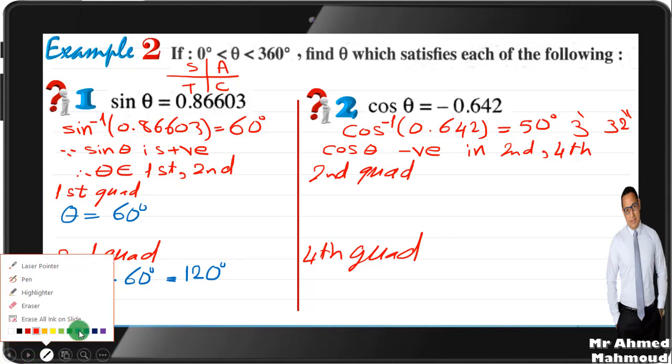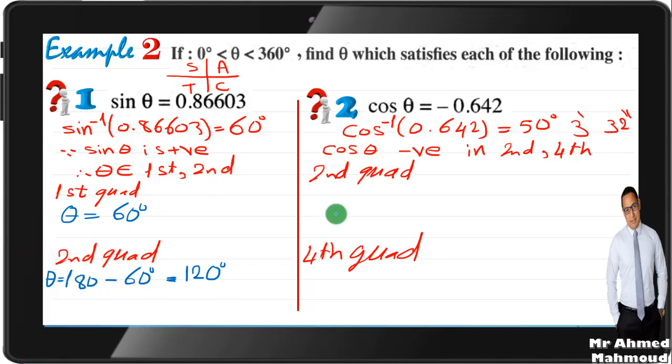In the second quad the angle is theta equal 180 minus this number, 50 degrees, 3 minutes, 32 seconds.